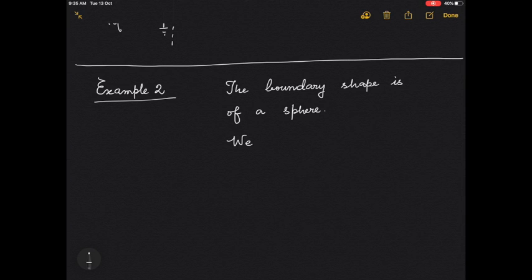A sphere. And the obvious choice of origin is at its center.